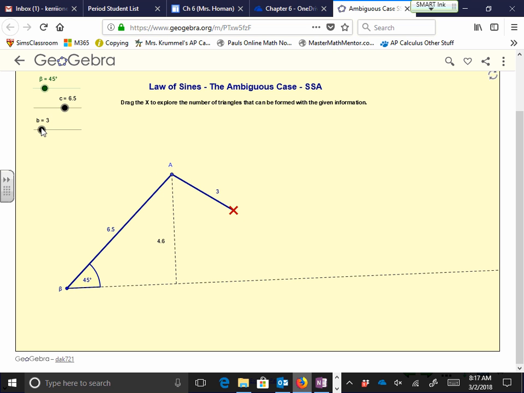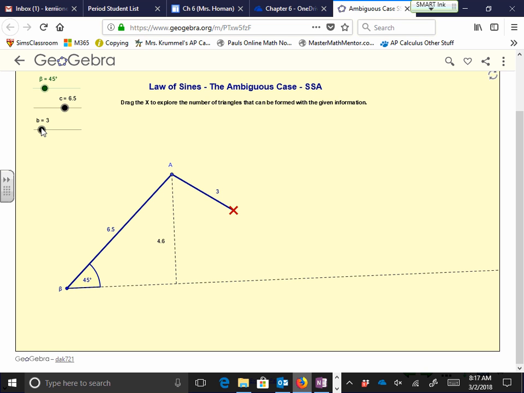So here's case number 1. I have an angle, side, side. My only option, this dotted line right here, is that 3rd side, but we don't know how long it's going to be.